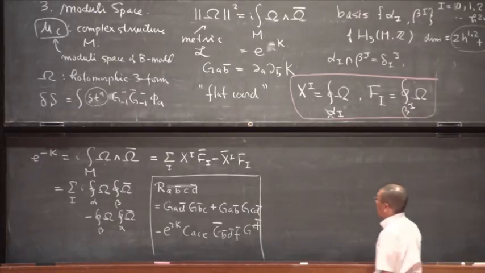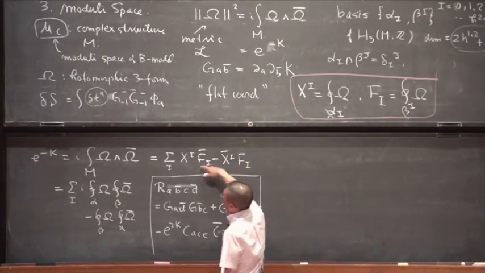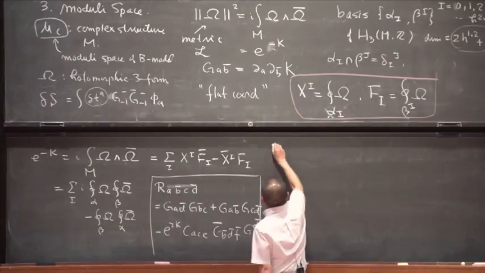This is called the special geometry relation, and geometry that has this kind of feature is called special geometry.